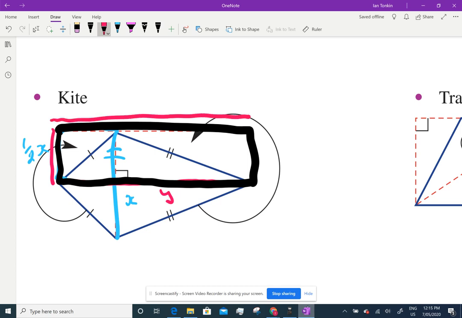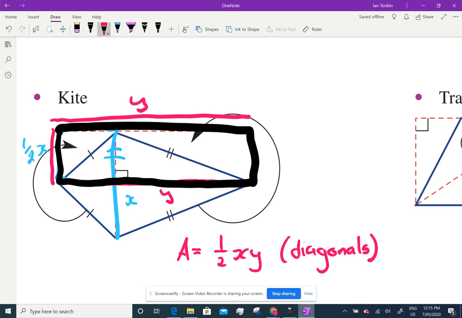This distance is the whole diagonal y, so the area equals a half x y, where x and y are the diagonals. It's most important you label what they are.